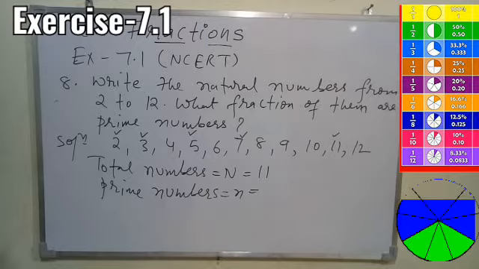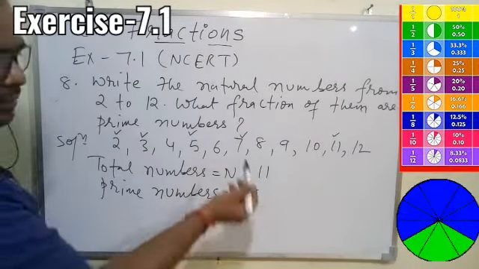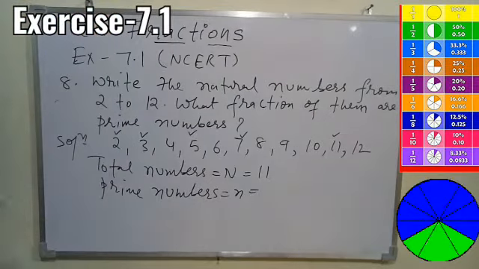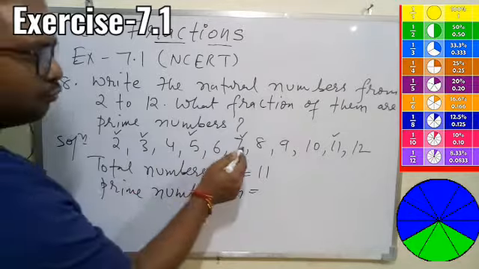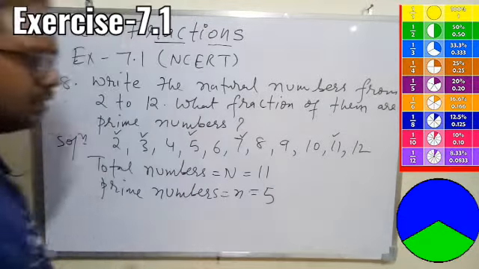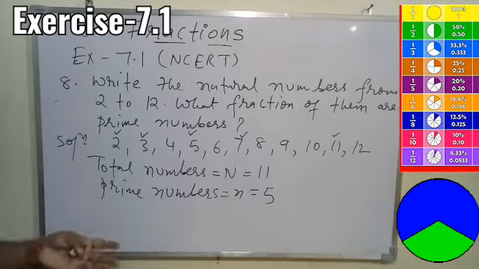So I hope you understood: 2, 3, 5, 7, 11. These are the only prime numbers in this group given to you. So how many are we having? 1, 2, 3, 4, 5. So out of 11 numbers given to us, 5 numbers are prime numbers.